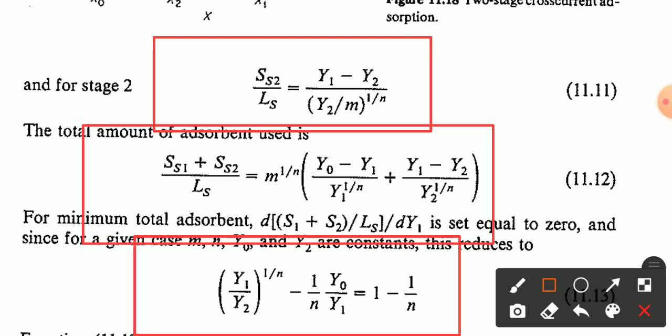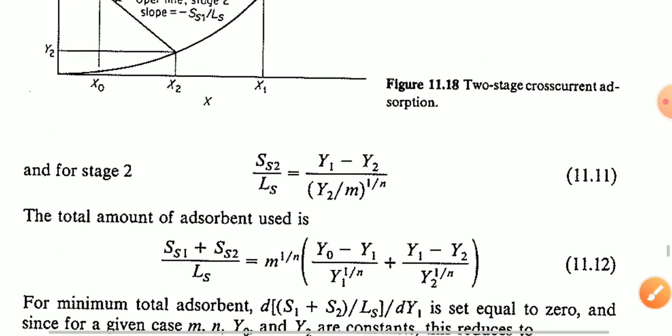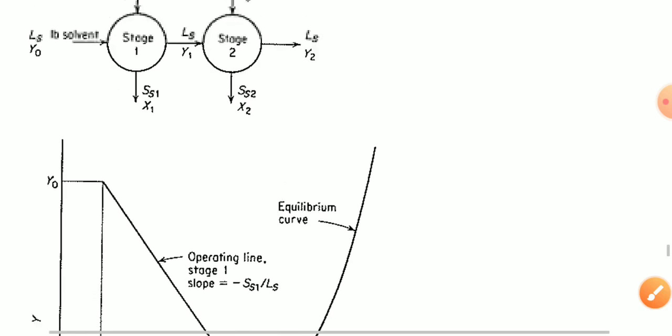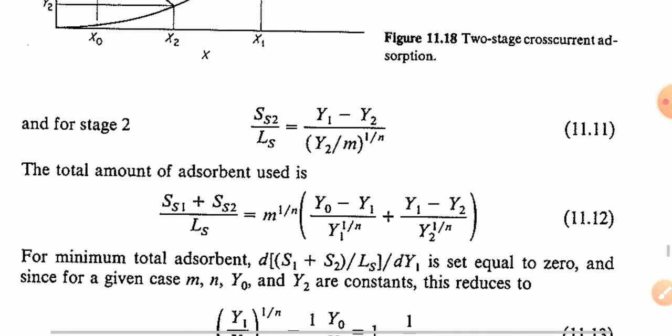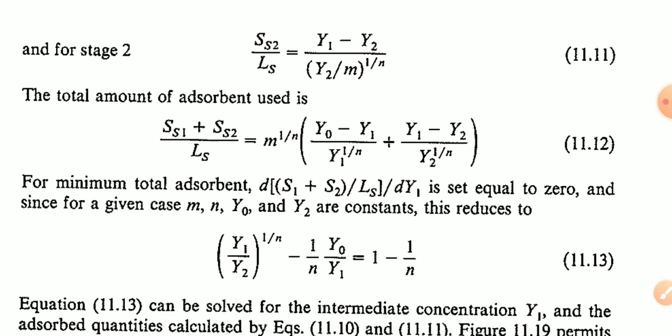These three equations are the most important for this basis. Again, SS2 by Ls is equal to (y1 minus y2) divided by (y2 by m) raised to 1 by n. The total amount of adsorbent used is SS1 plus SS2 by Ls is equal to m raised to 1 by n times (y0 minus y1) by y1 raised to 1 by n plus (y1 minus y2) by y2 raised to 1 by n.